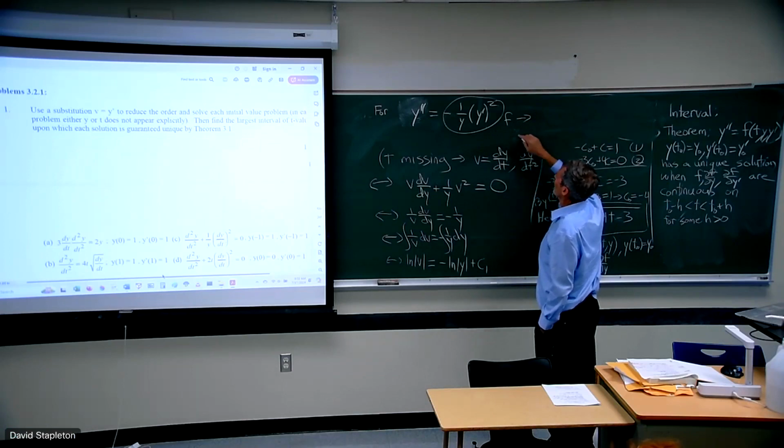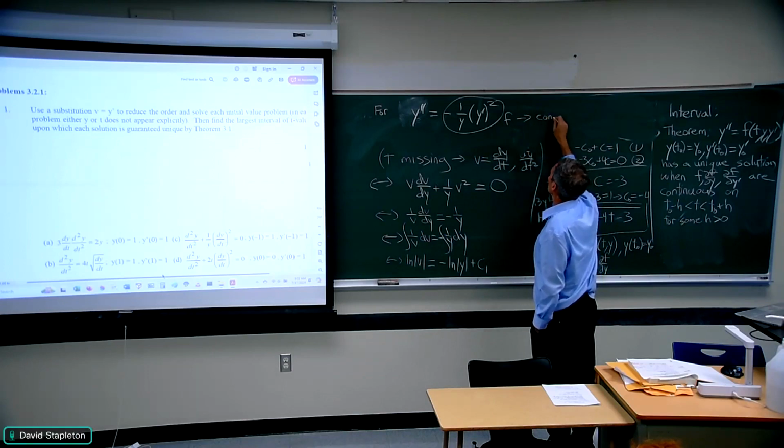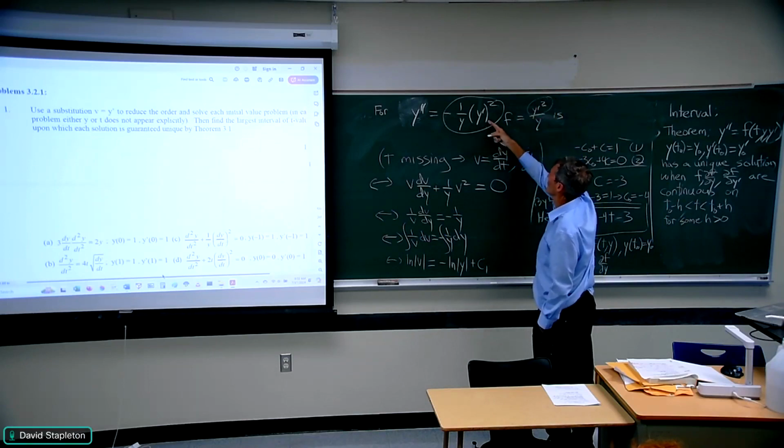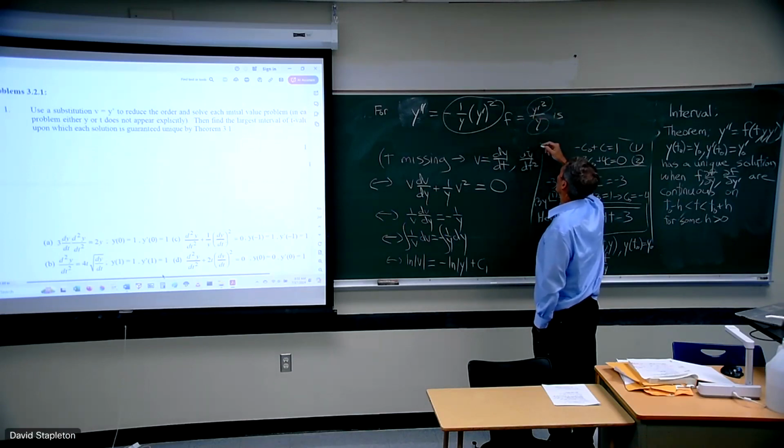So this thing, where is this continuous? f equals y prime squared over y is continuous because the squaring function, think of this as a function of two variables, just like from calculus. When is this function of two variables continuous? The squaring function is a continuous function of y prime. This is a continuous function, y itself.